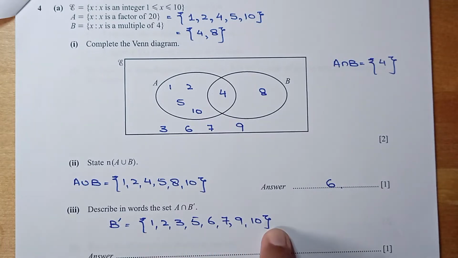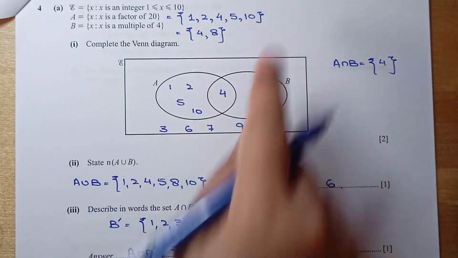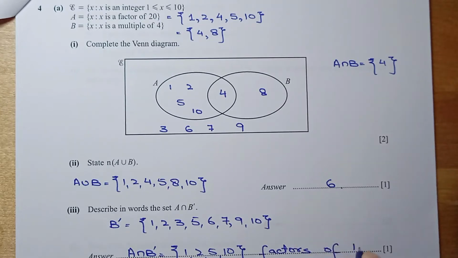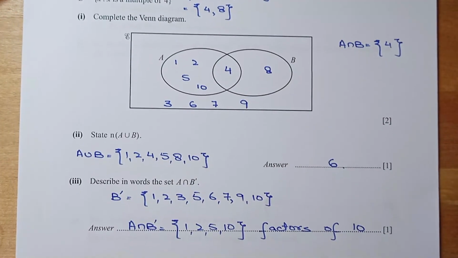So A intersection B complement would be 1, 2, 5 and 10. Okay, how can we describe this set in terms of words? This set is basically the factors of 10. 1, 2, 5 and 10. These numbers are the factors of 10.